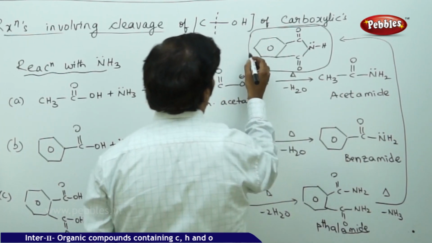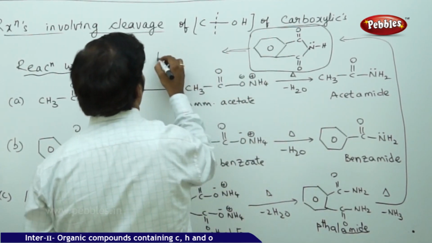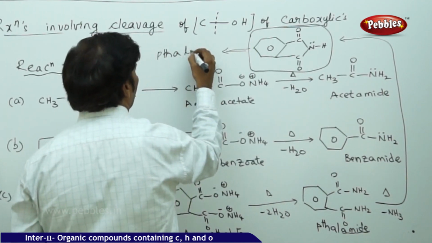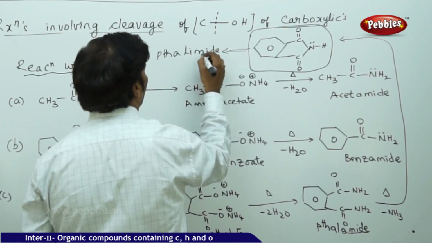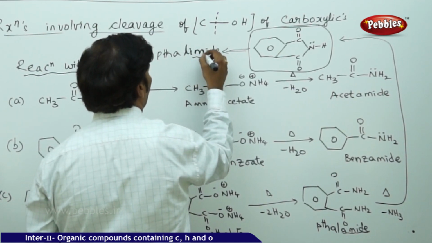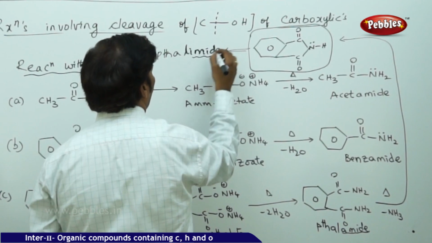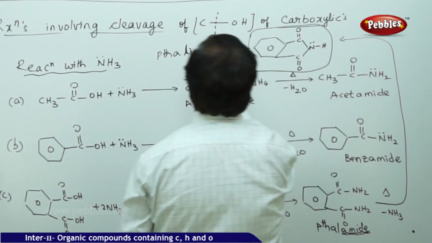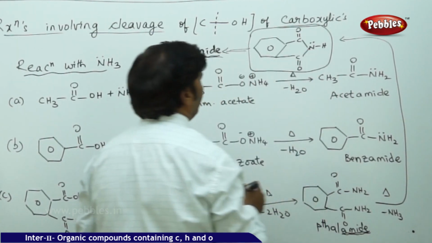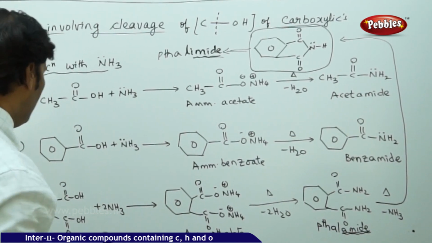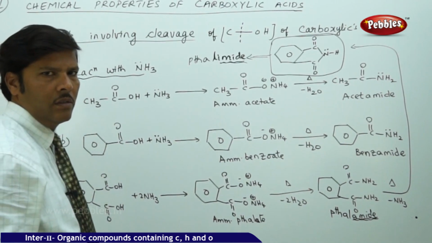This we are going to call phthalimide. Mind you, it's an imide, I-M-I-D-E, phthalimide. This is phthalamide, this is amide, and this is imide, phthalimide. So that is the basic difference between phthalamide and phthalimide, and this is the sequence.